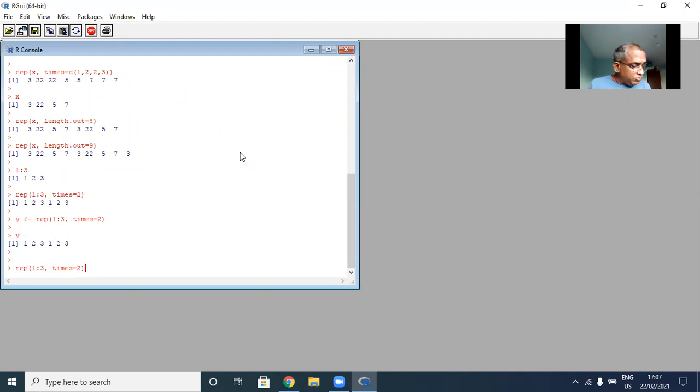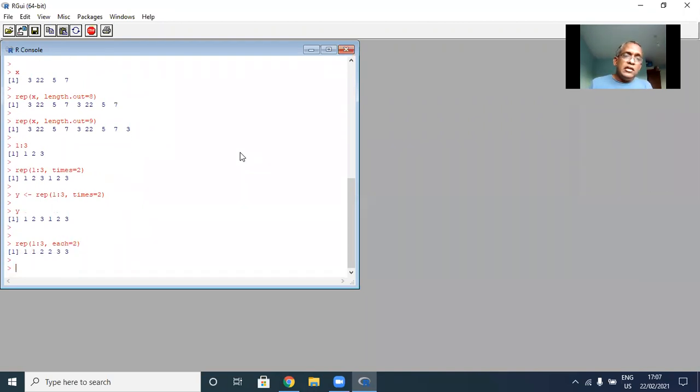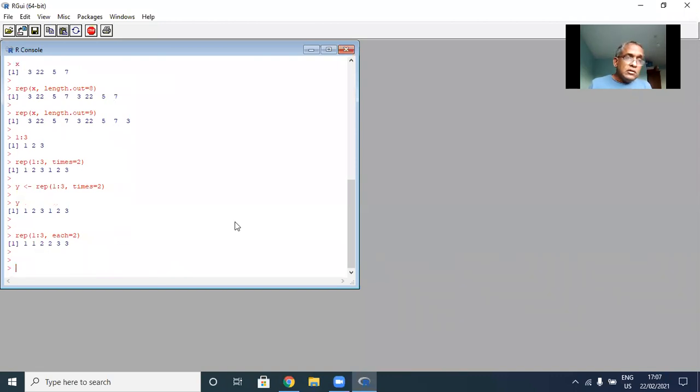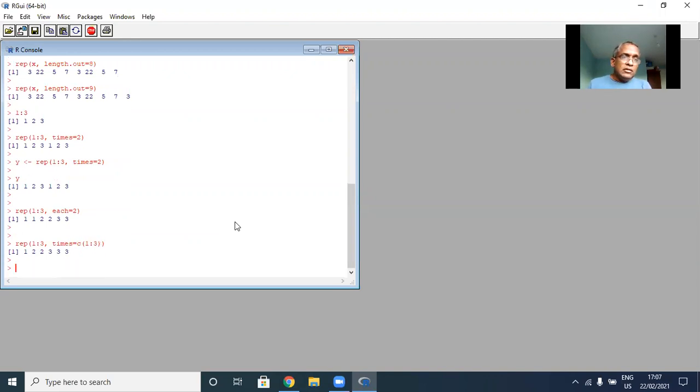Now you should type rep 1, 2, 3 each 2. It means that each element is repeated 2 times: 1, 1, 2, 2, 3, 3. Now you should say times like this. What it means is that it repeats 1 times, 2 times, and 3 times.